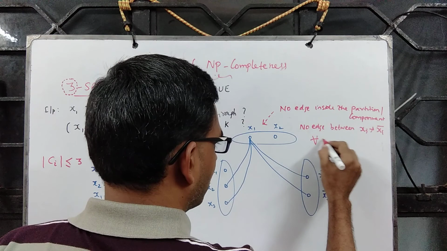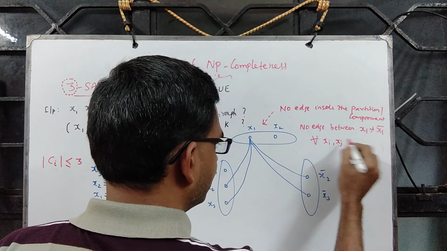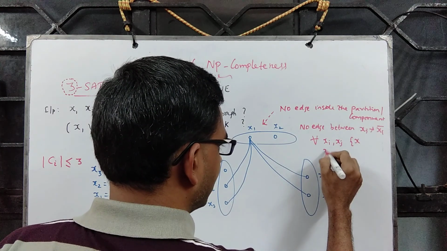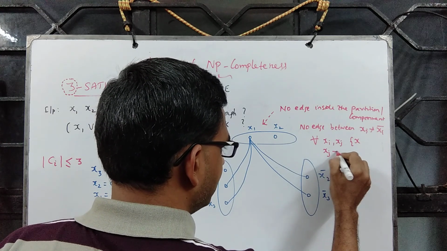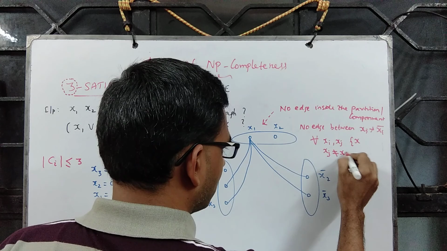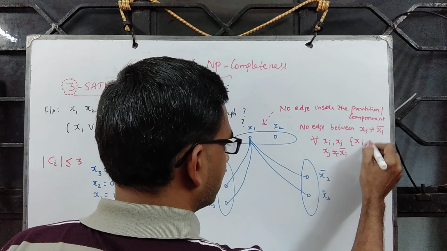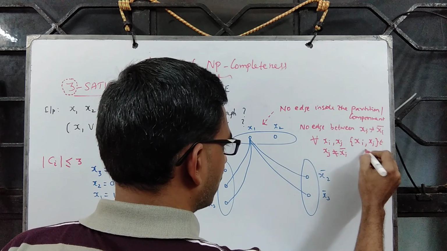For all xi, xj such that xj is not xi bar, you see that xi xj belongs to E of G.